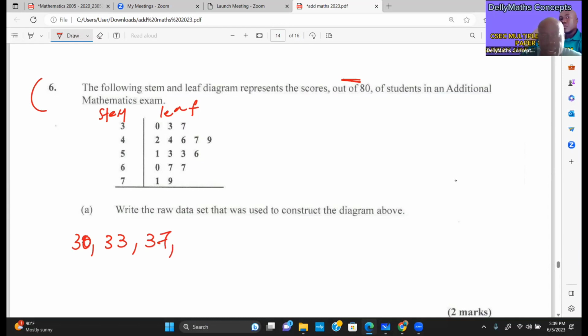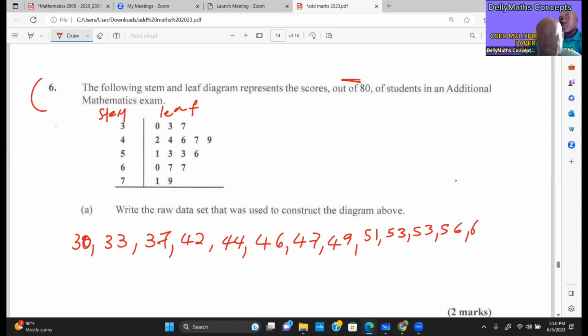And then apart from that, we had a 42. There was a 44, 46, 47, 49. All right. So we have those. And then we had 51. Then we have 53 2 times. There is a 56.